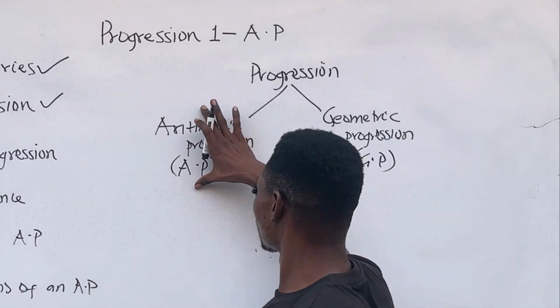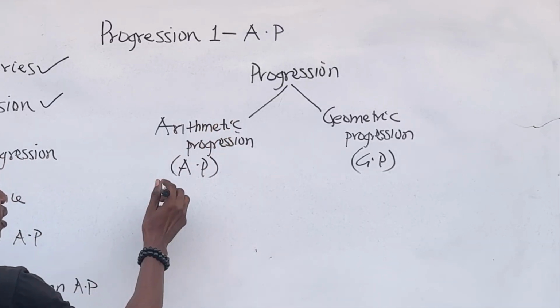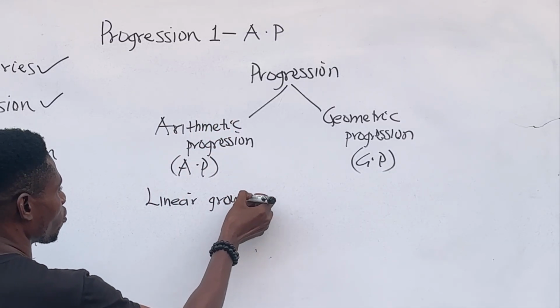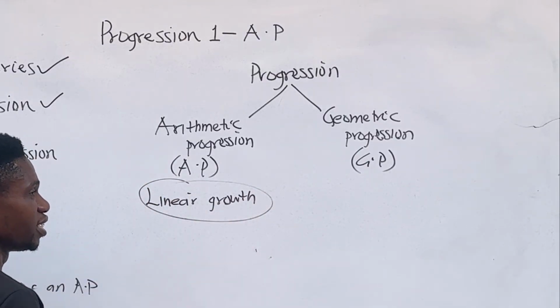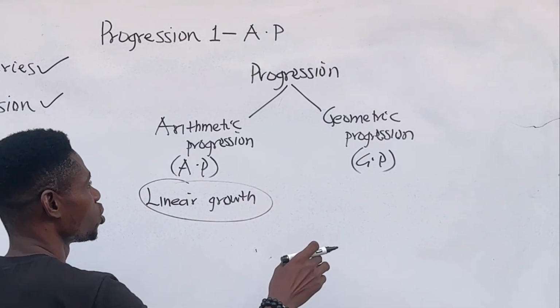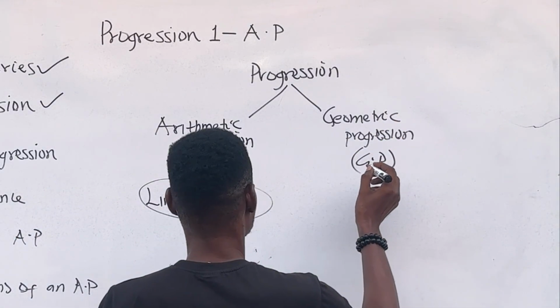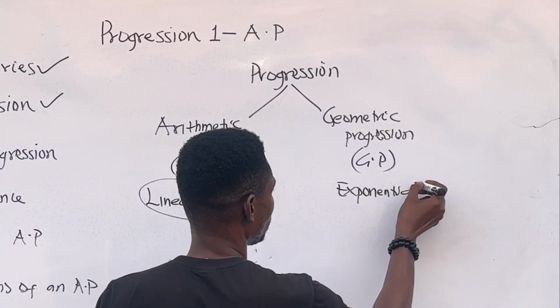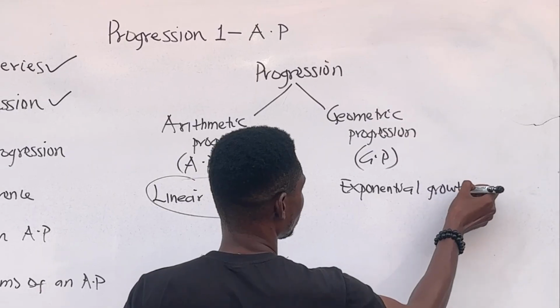Now, when it comes to growth, AP represents linear growth, like an increase in salary and things like that, while GP represents exponential growth.